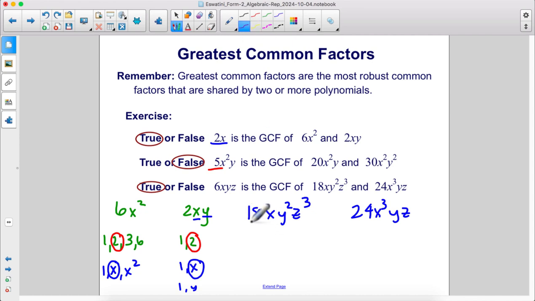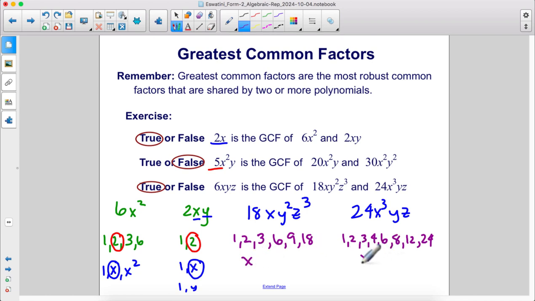Okay, so for 18, we have its factors, 1, 2, 3, 6, 9, and then 18. For 24, we have 1, 2, 3, 4, 6, 8, 12, and 24. All right, we have x.